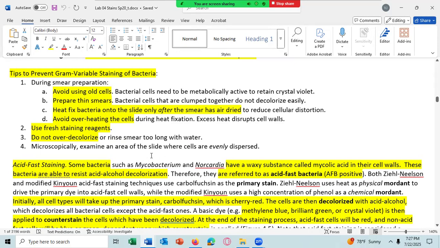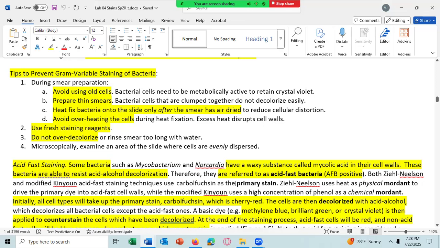There's a lot of mycolic acid in the family Mycobacterium. The mycolic acid keeps the bacteria resistant to the decolorization of the acid-fast stain.